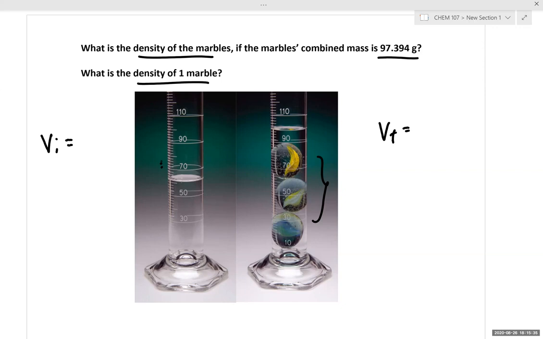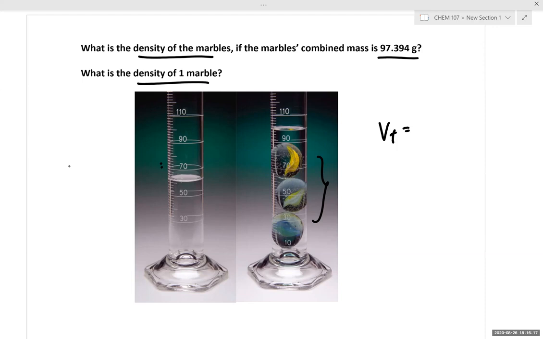If you have any questions at all, don't be shy to ask them in the chat or unmute and ask verbally. We'll discuss in about another 1 minute. Okay, so let's discuss this example.